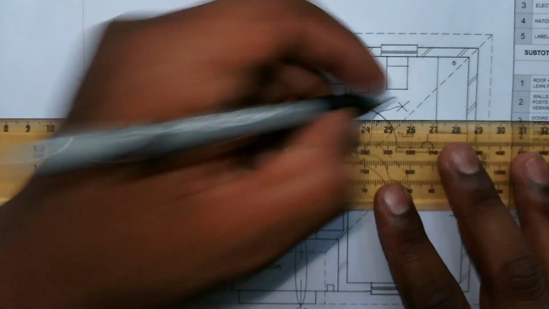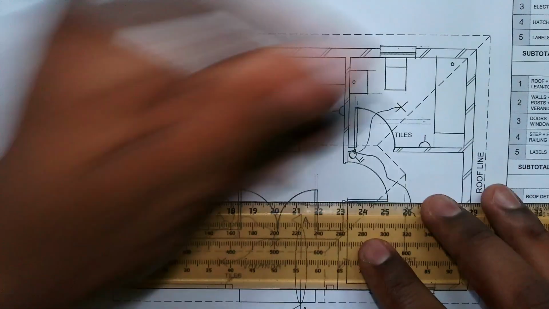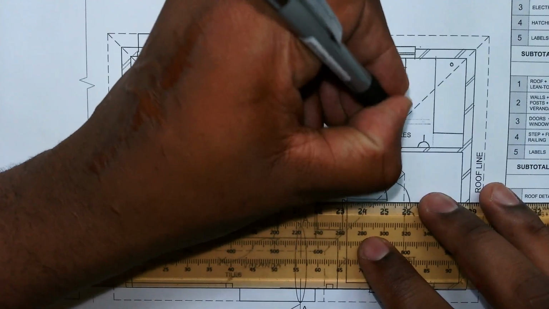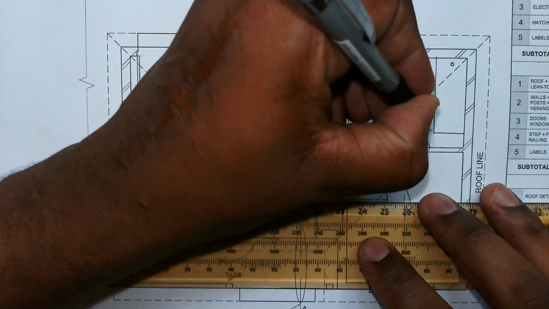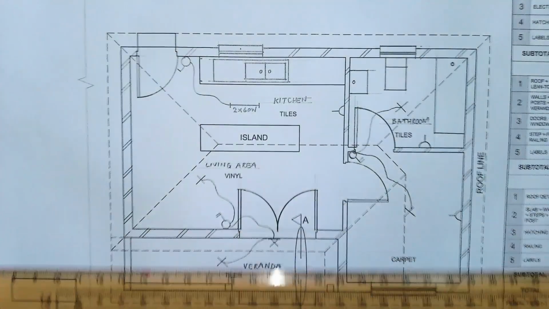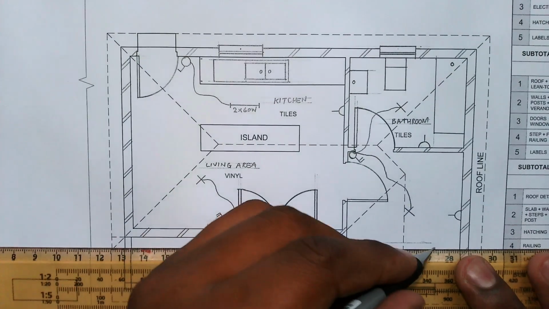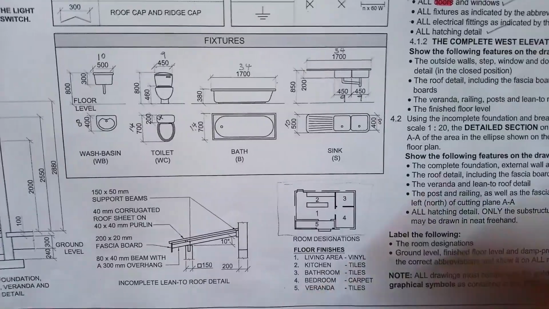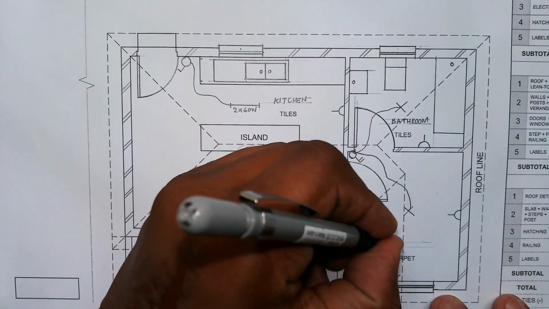The bathroom is there, so just write there, bathroom. Okay, and here let me just draw those lines. I have number 4, which is the bedroom. Bedroom is there.